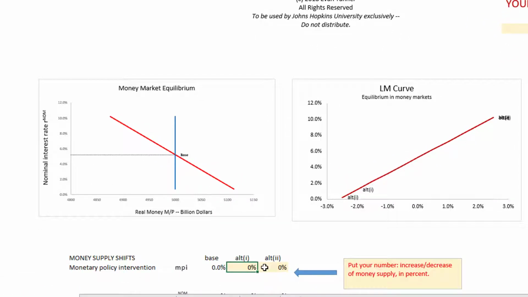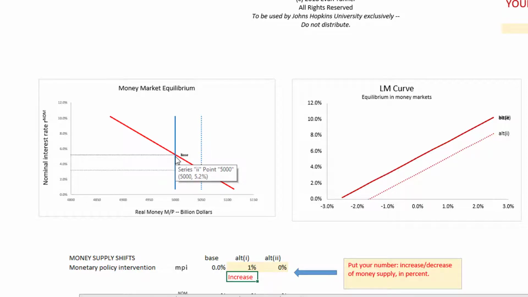We'll call this monetary policy intervention, but we call it shifts in money supply, and we're thinking of this in percentage terms, relative to the initial money supply. So let's do a 1% increase in the money supply here. We're going to put it in this cream colored cell, and as you might imagine, you're going to see a shift in this blue curve, and there you go.